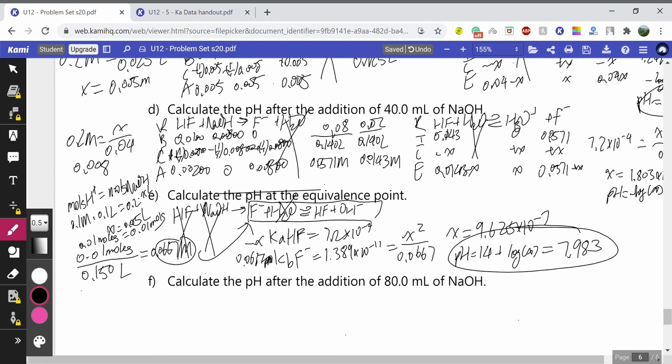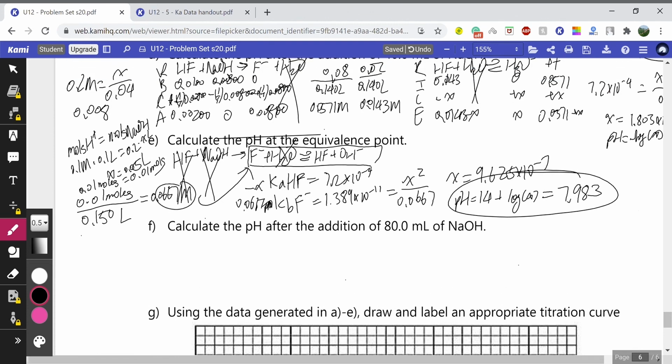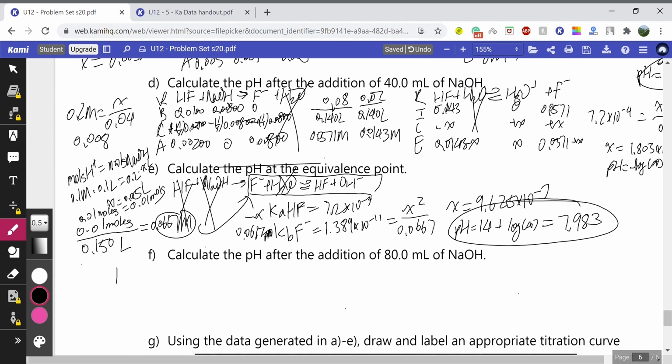Now for F, we need to calculate the pH after the addition of 80 milliliters. And again, it's going to be the exact same as what we did up there. HF plus NaOH makes F minus plus H2O. This time, there will be 0.01 from where we started. Now 80 milliliters, 0.2 molar equals X divided by 0.08.